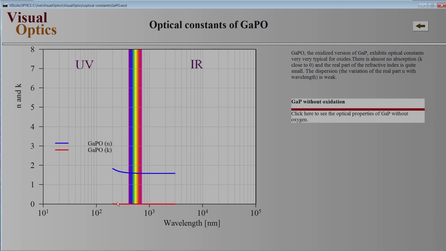So this is a transparent material with a little bit of dispersion, and that's all. So modeling oxides and nitrides is usually very simple. You just use a constant here plus 1 interband transition, and that's it. Very simple.